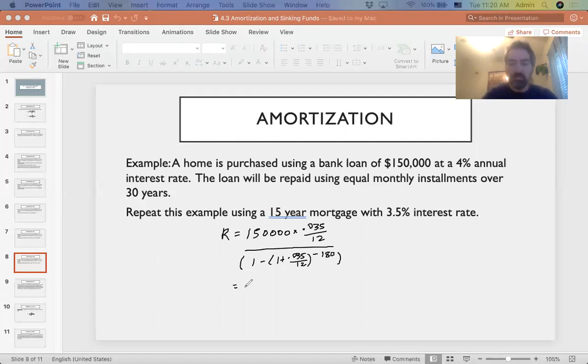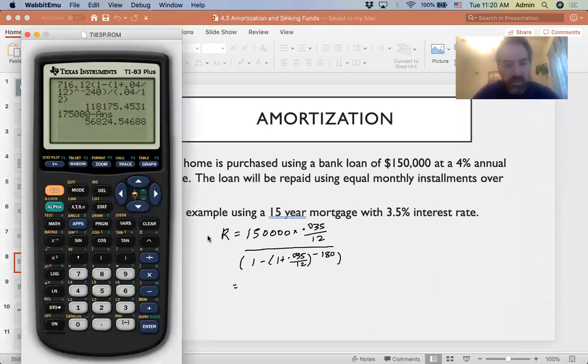All right, but what we would expect is that since we're taking half of the time to pay off the same loan amount, of course, the monthly payment is going to be larger. $150,000 times 0.035 divided by 12 divided by 1 minus 1 plus 0.035 divided by 12, raised to the negative 180.